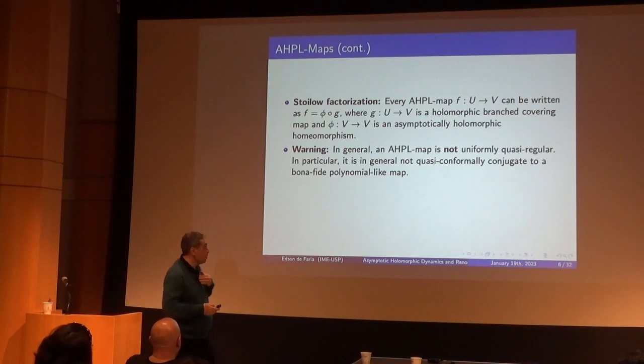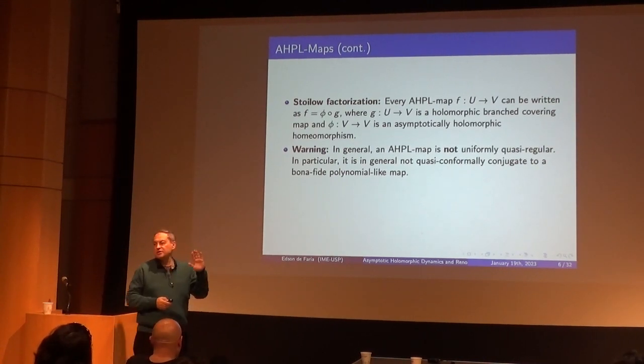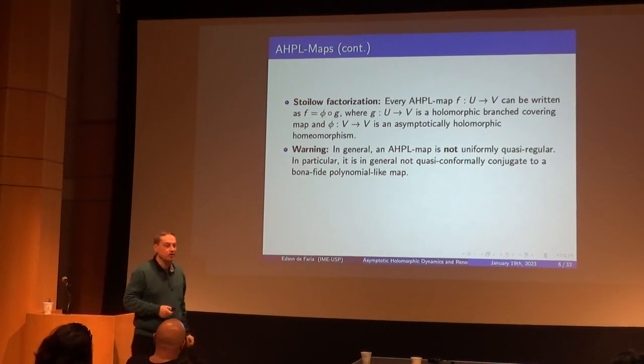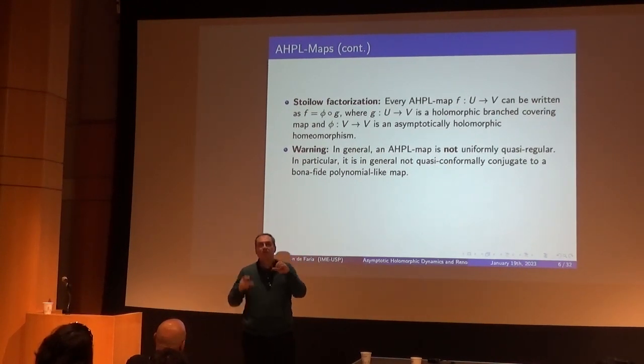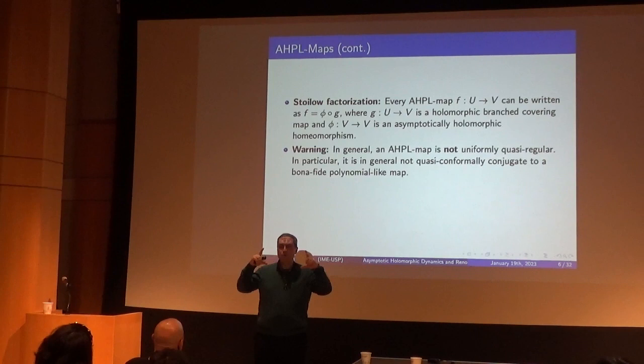But the maps we are interested in are definitely not uniformly quasi-regular. In fact, not even locally. If you think about it a little bit, suppose you have a fixed point of the map which is contracting, say, taking a disk to a smaller disk.